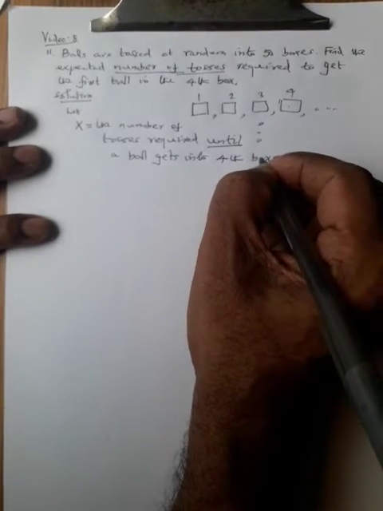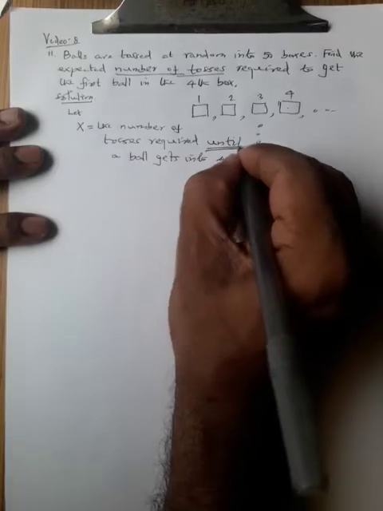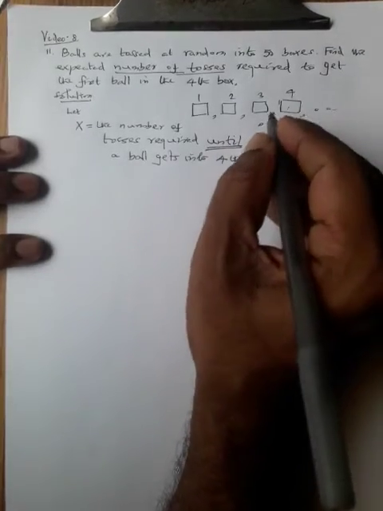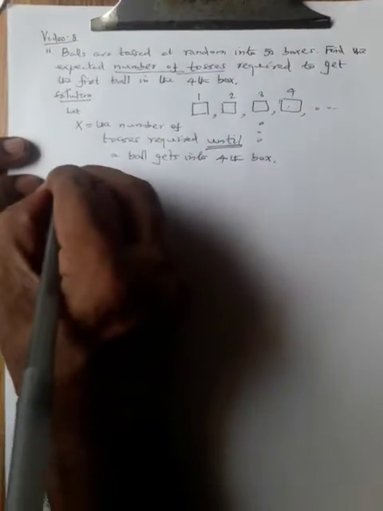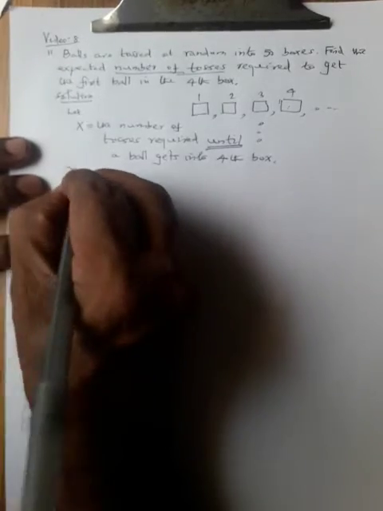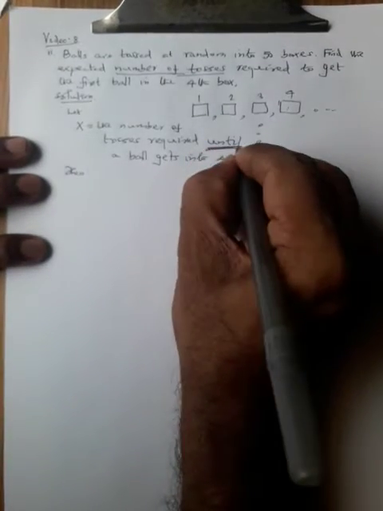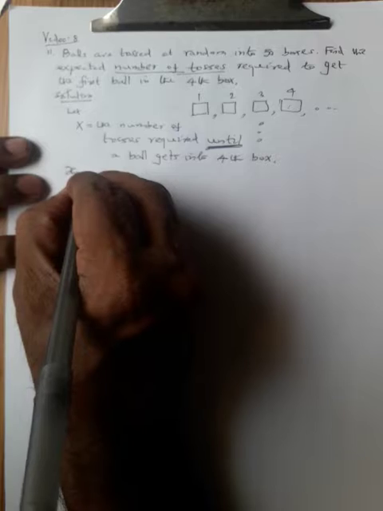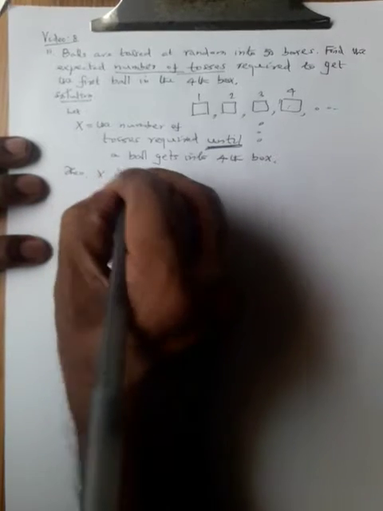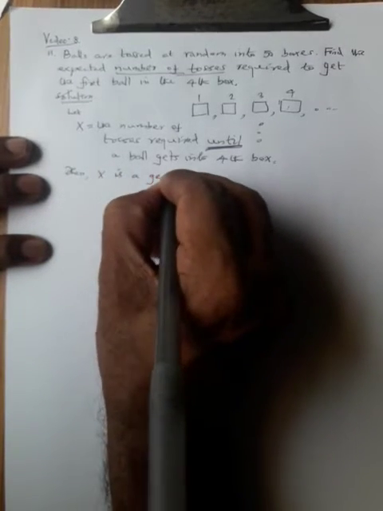So we have to repeat the experiment until a ball lands in the fourth box. So that is the number of tosses. The word "until" is very important for the geometric distribution. Then capital X is a geometric variate.